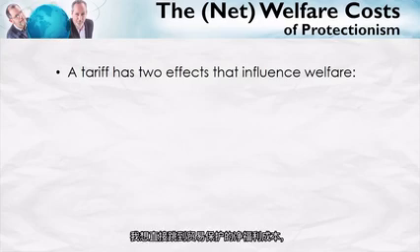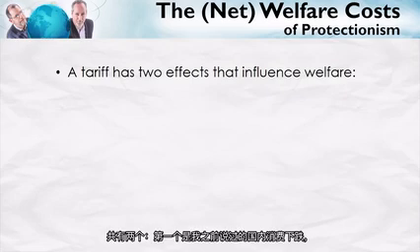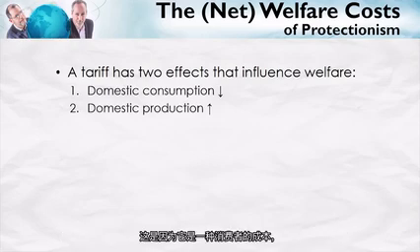I want to jump straight to the net welfare cost of protectionism, and I'm going to do that by focusing on the real factors which change. And these are two. First, domestic consumption, as I said, falls. Second, domestic production increases. Notice I haven't said anything here about the revenue from the tariff.